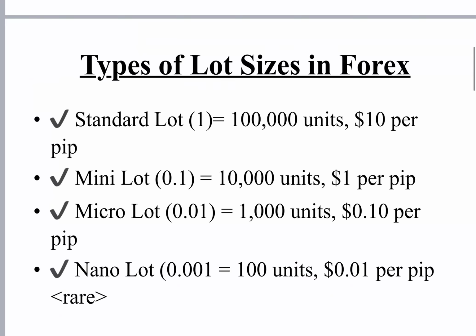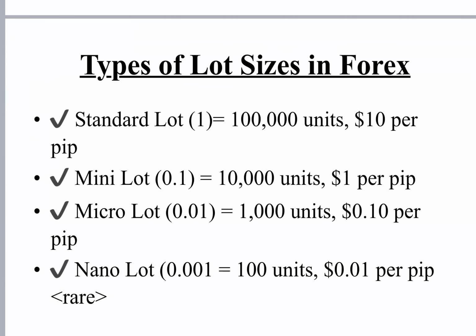Now, when we are talking about types of lot size in forex, standard lot size means 1, and the unit is 100,000. But don't confuse yourself about the unit. If you go to your broker, that's why I said you start with the broker and you go through this video.